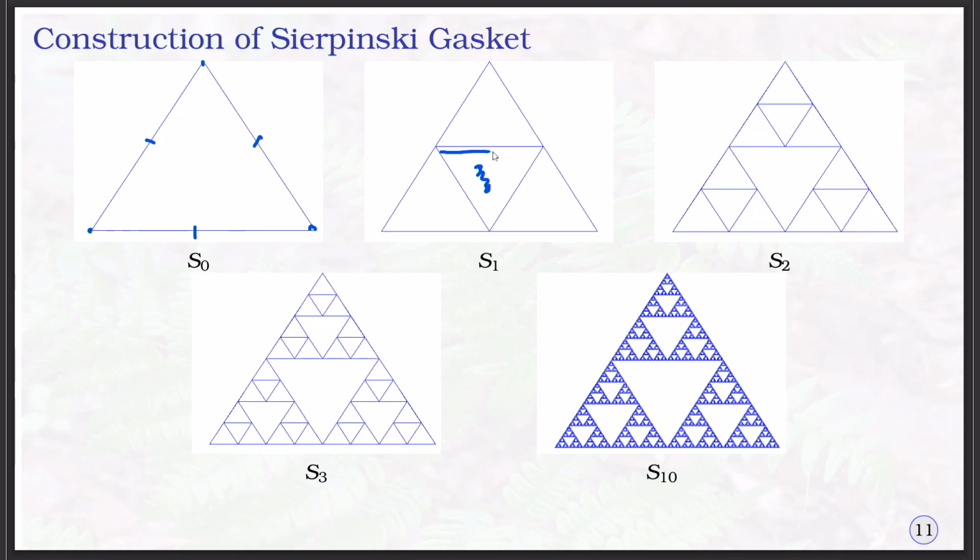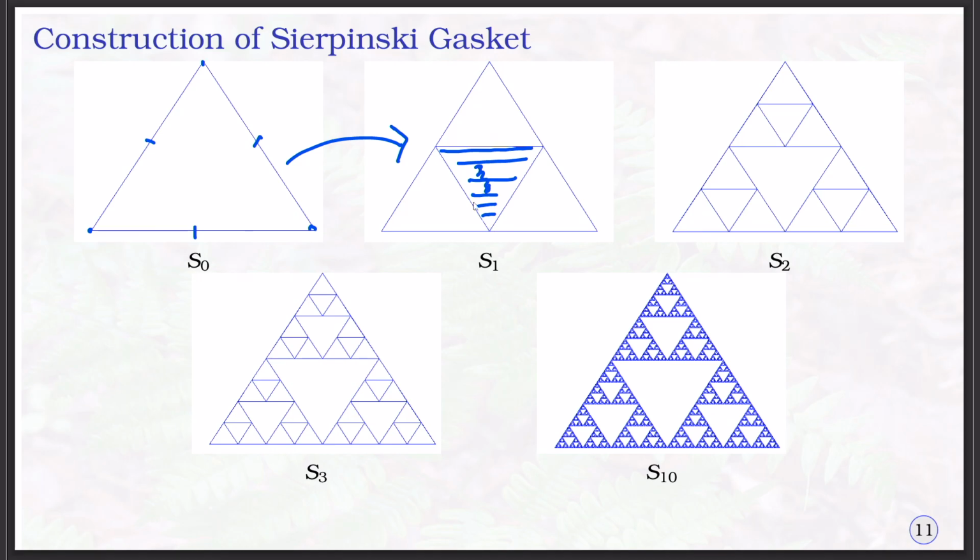Here we divide each side into 2 equal parts and join all the midpoints. Then we remove this interior triangle.